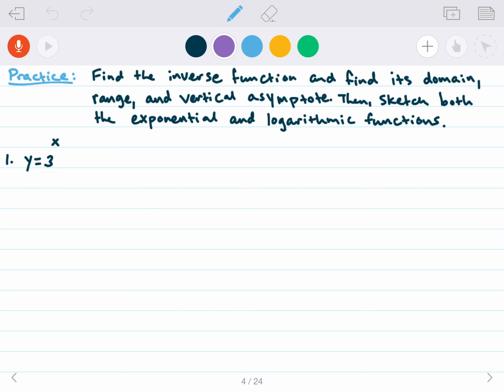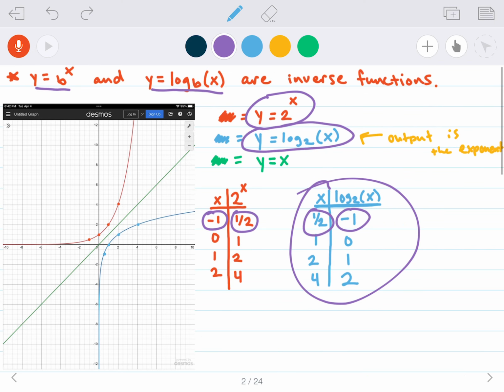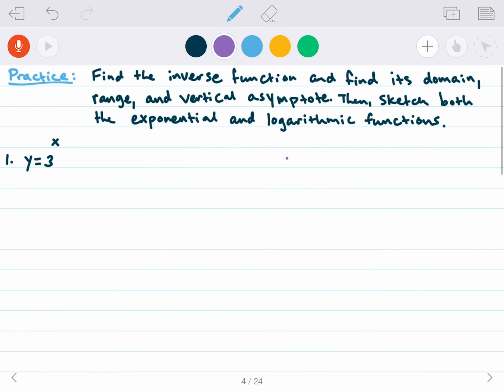So the whole idea here is that we can figure out what the inverse is. Remember, we said y equals b to the x and y equals log base b of x are inverse functions.